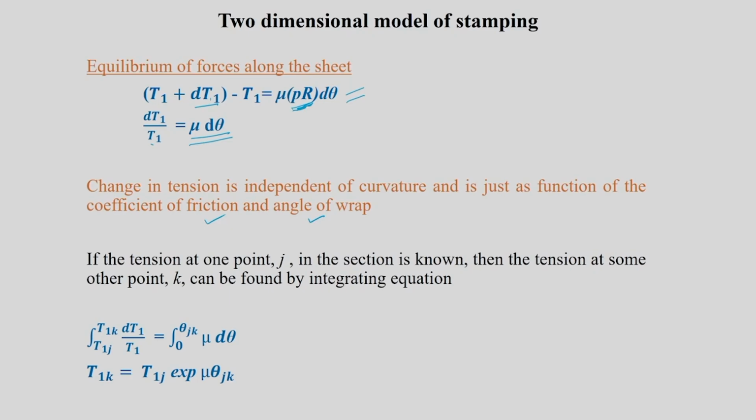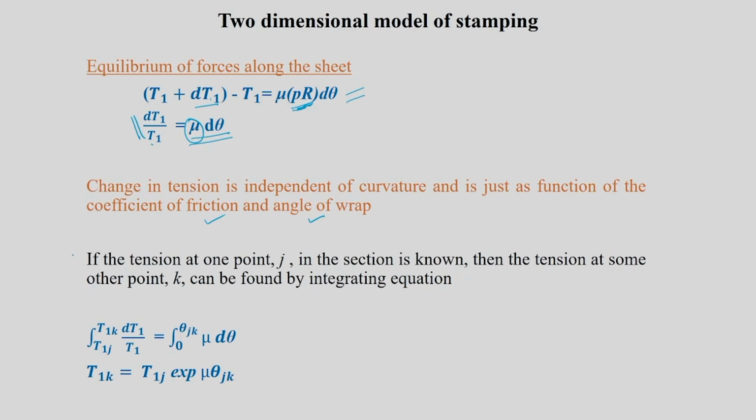Now this equation is not only useful to relate the change in tension with some known parameters like mu, which is Coulomb's coefficient of friction that you know. You can substitute some values, and theta is known, so you can get this. It also gives you how to calculate tension T1 if you know the tension at another point.